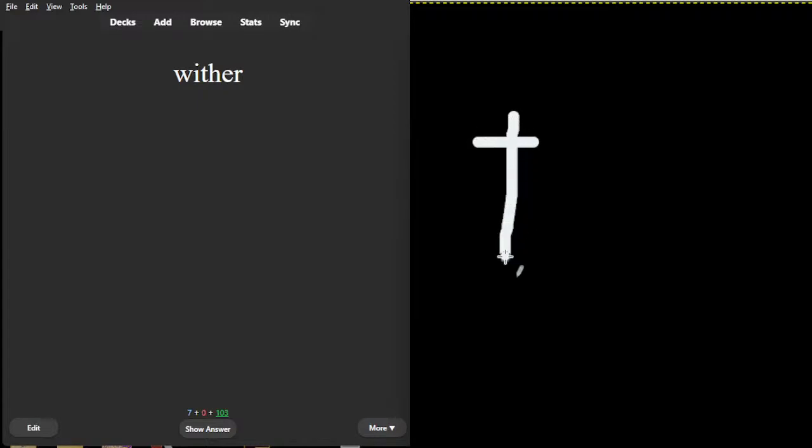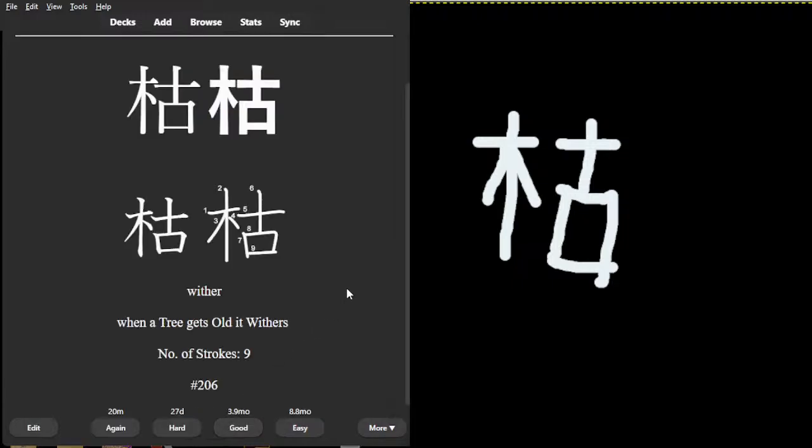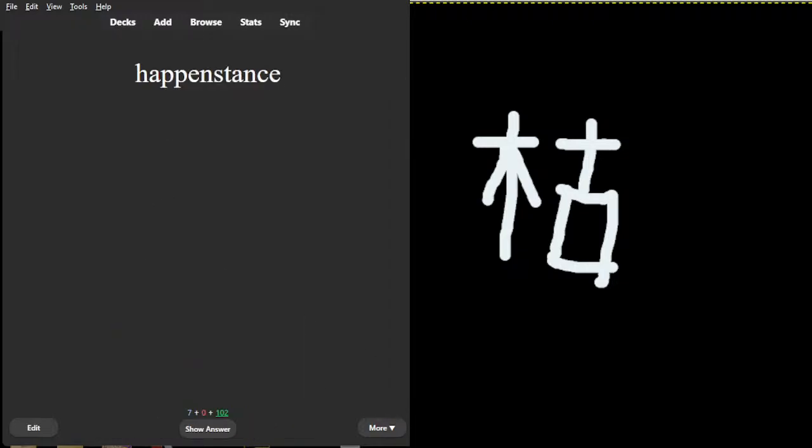Tree is old and withered. I'm not super confident in this one, but I sometimes really try to figure it out. But I think the point of this is just to be quick, did I get it? Did I not? Okay, I'll put good because I wasn't confident.